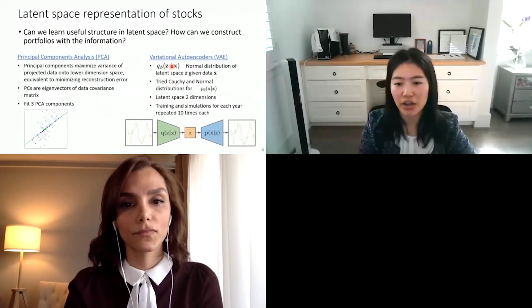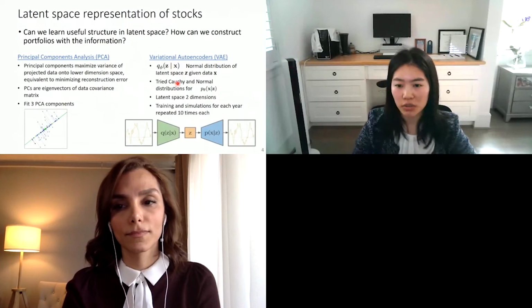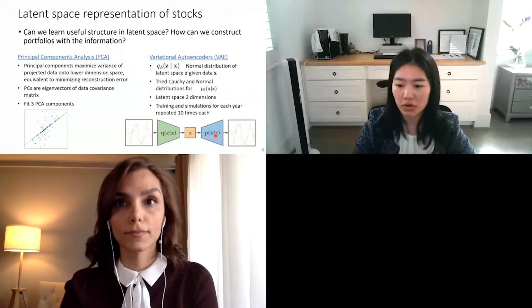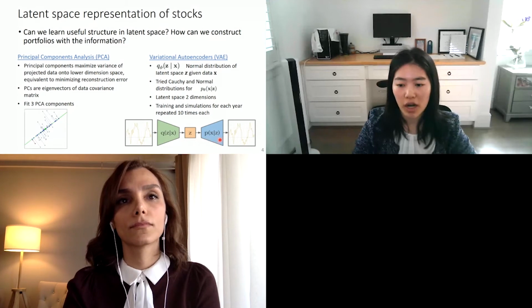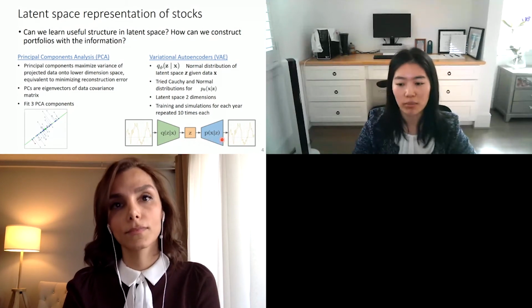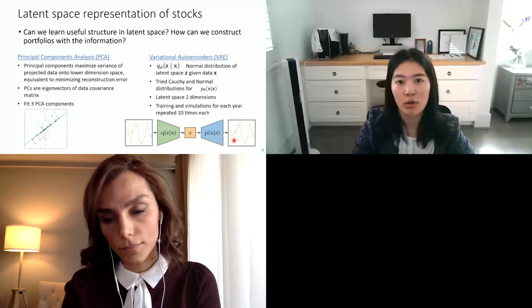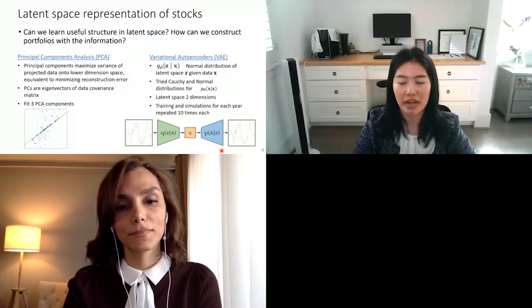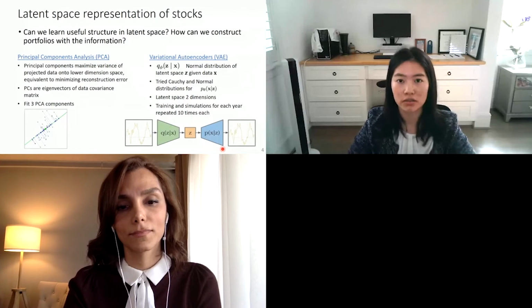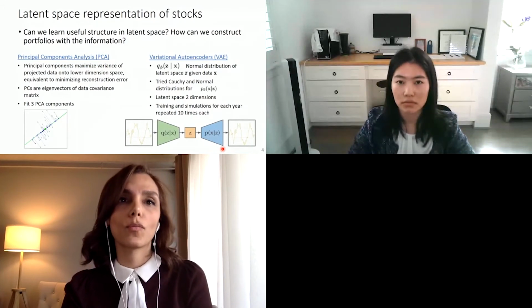And I think another thing is that because we used the variational autoencoder and we used the Cauchy distribution, this Cauchy distribution might help it be able to generate those extreme points because it has the fatter tails. Thank you. Thank you so much.